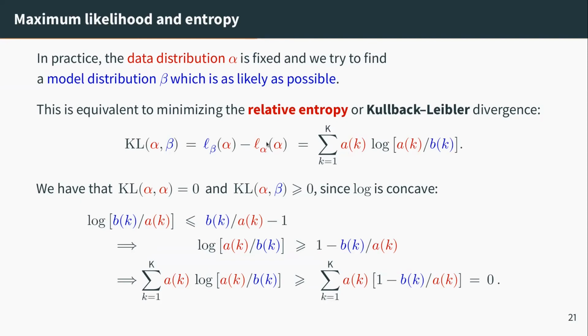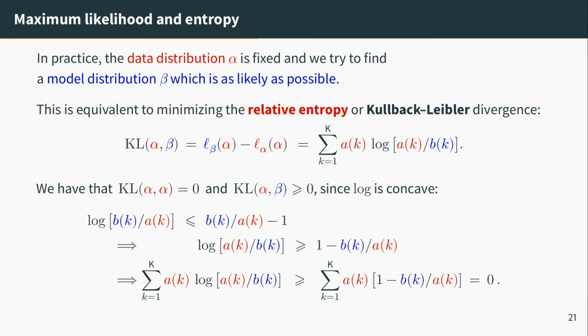So we define the relative entropy or Kullback-Leibler divergence as the negative log likelihood of alpha with respect to beta minus the log likelihood of alpha with respect to alpha. And so, you just take this formula and apply it, it's equal to the sum over all different possible values of alpha of k times log of the ratio alpha of k divided by beta of k.